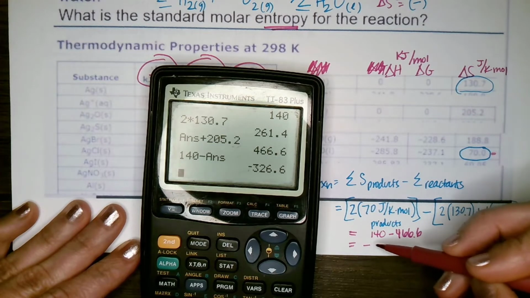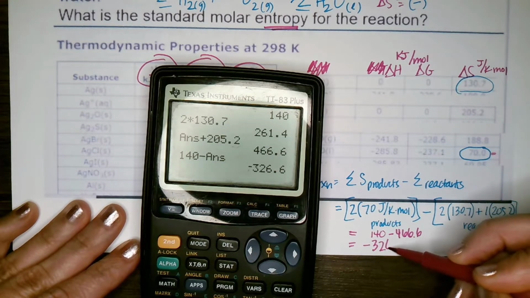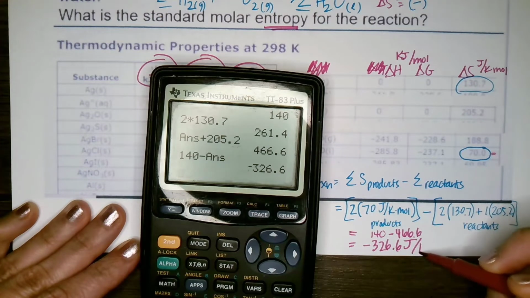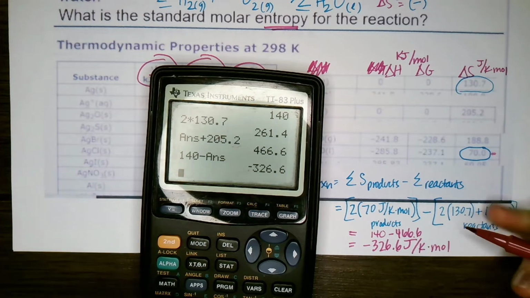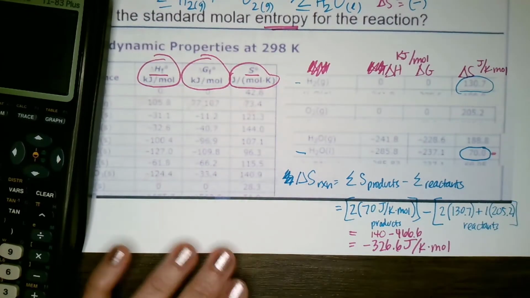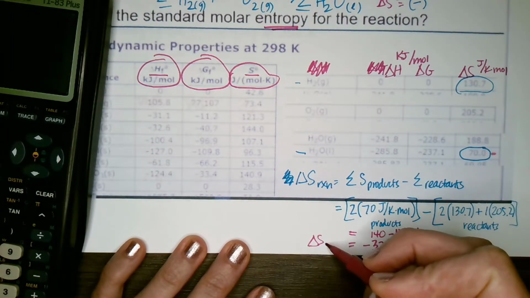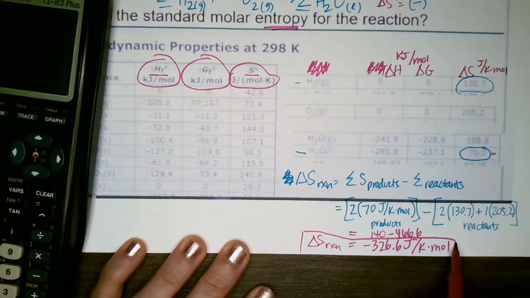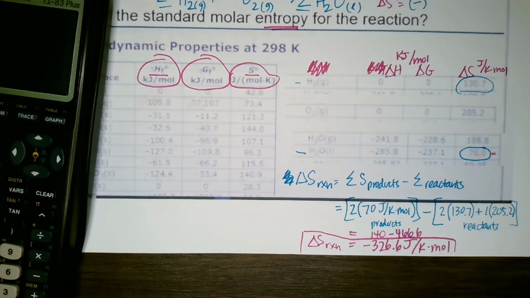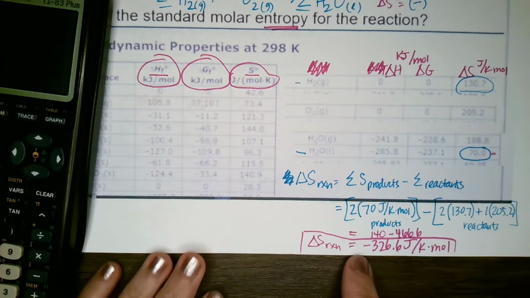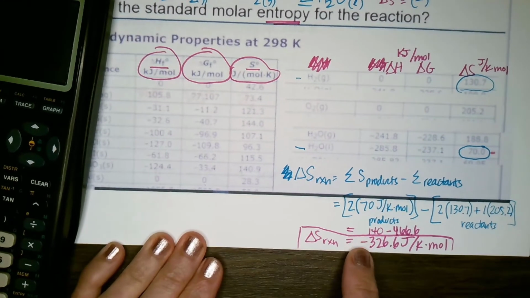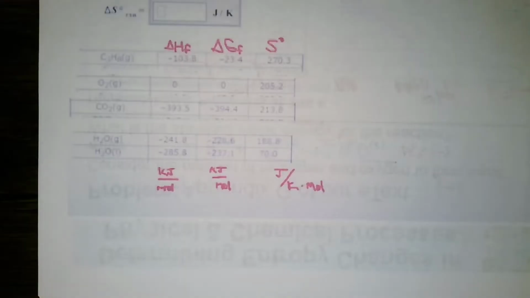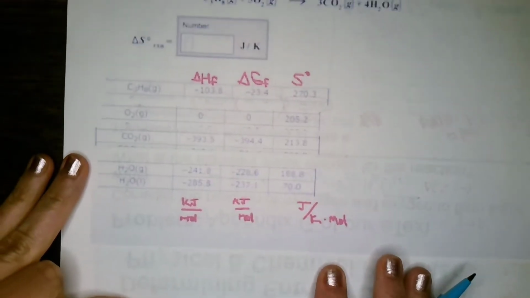So 140 minus my answer I just found, we have negative 326.6, and this is joules per Kelvin mole. And this is my delta S for the reaction. And if we think about it, I did predict that I would have a negative value because, again, I am becoming more organized.